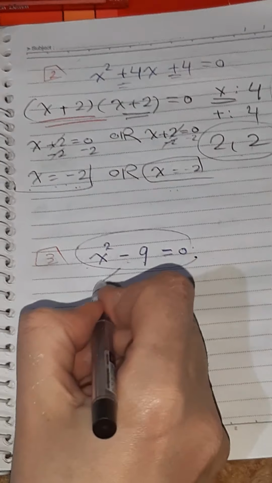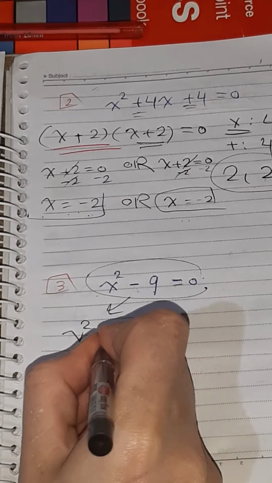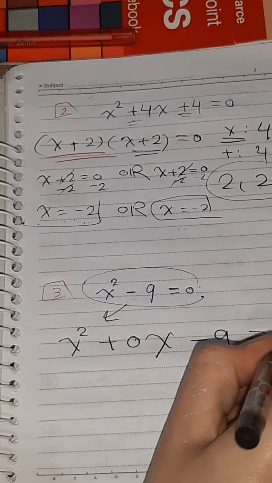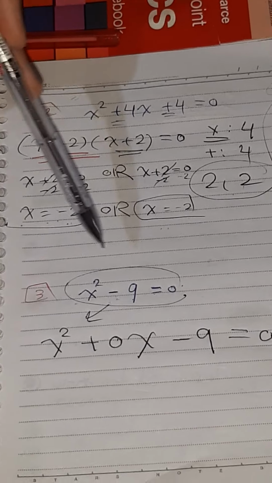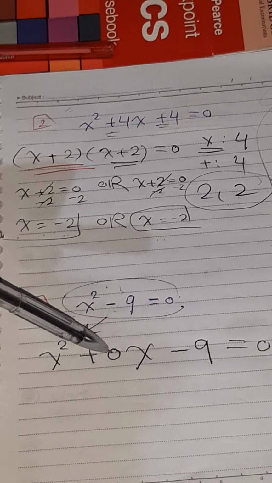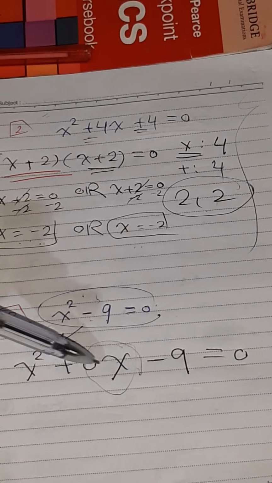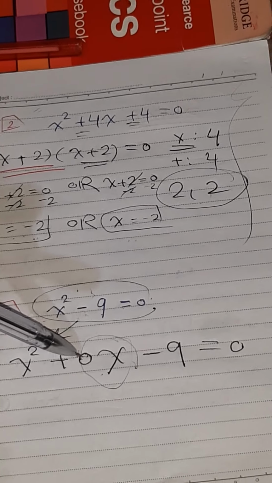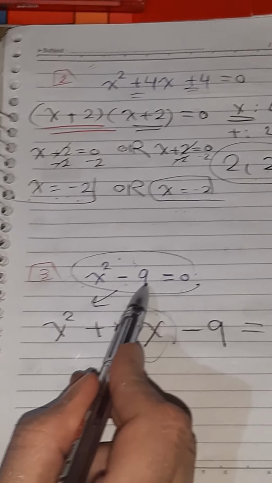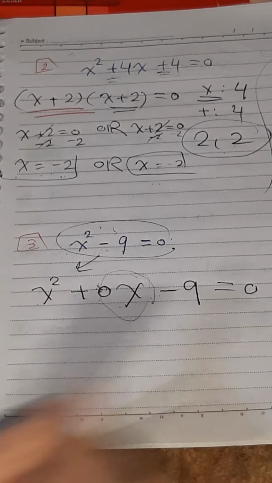You can rewrite this equation as x squared plus 0x minus 9 equals 0. What is the meaning of x is missing? The coefficient of x is 0, and 0 times x is 0. So yes, there is x, but its coefficient is 0. So x squared minus 9 equals 0 is the same as x squared plus 0x minus 9 equals 0.